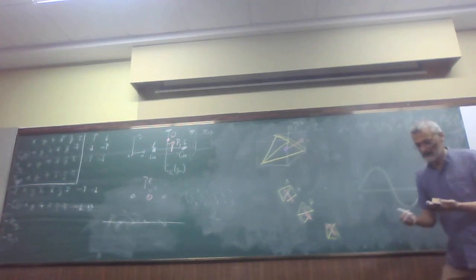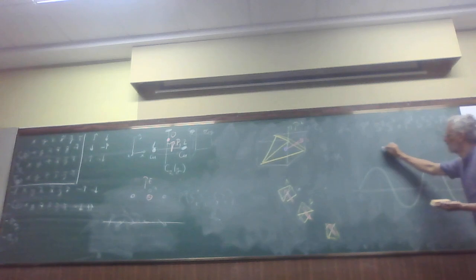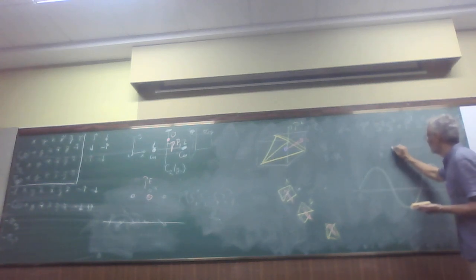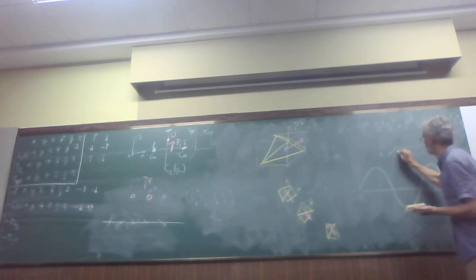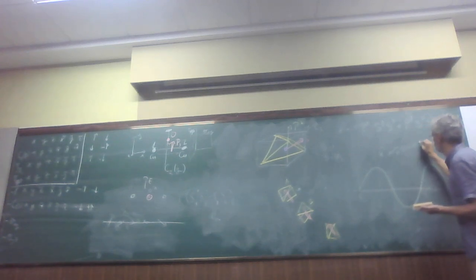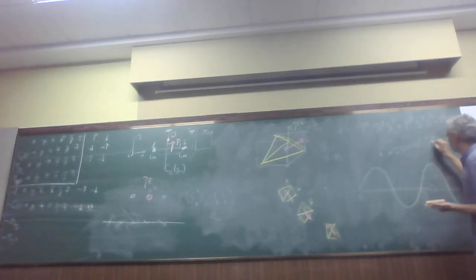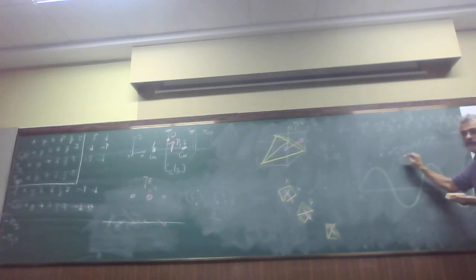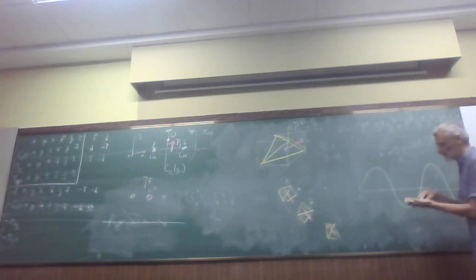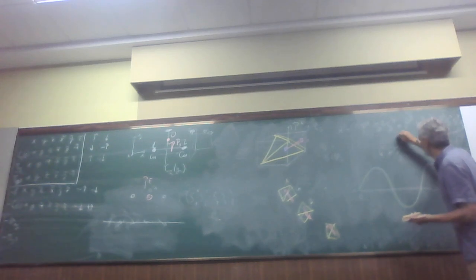So it may happen that the light, this is the propagation of light, and then you will have, this is the usual picture. So this would be, say, the magnetic component, and then on this line you have a corresponding electric component.